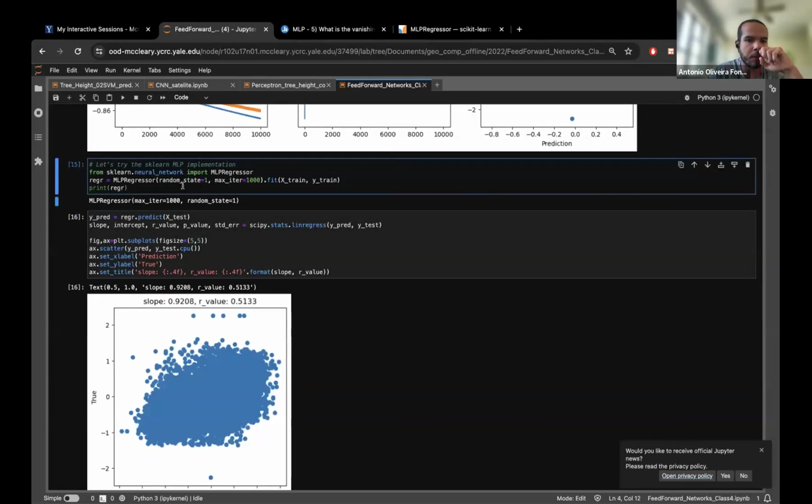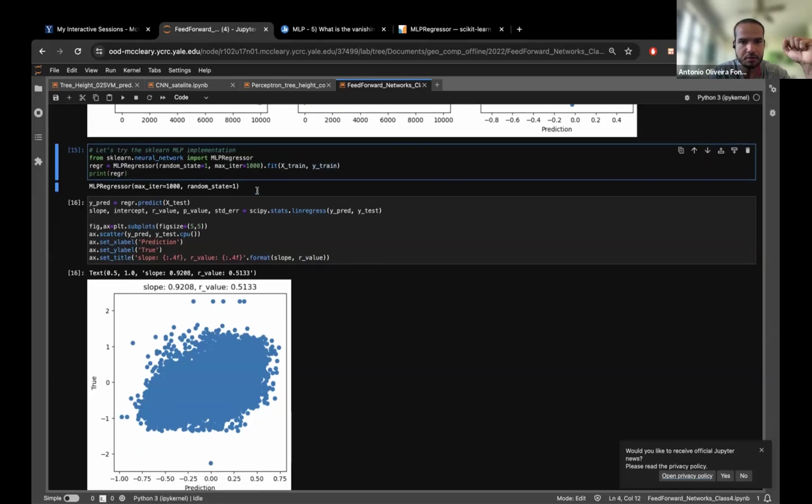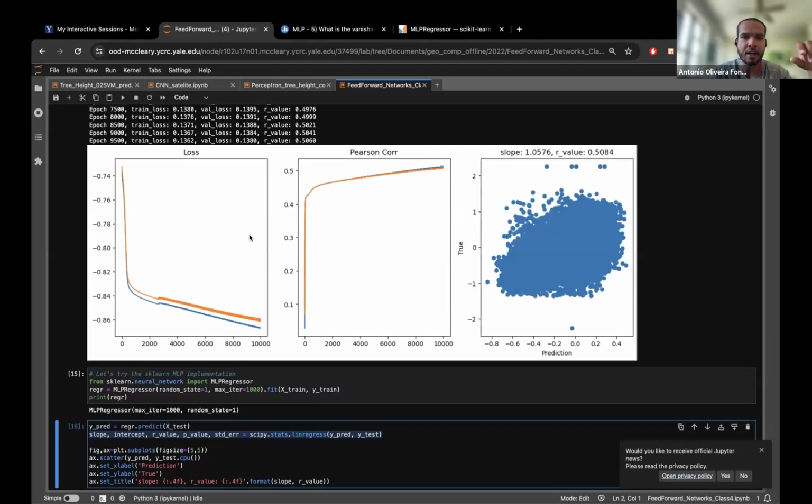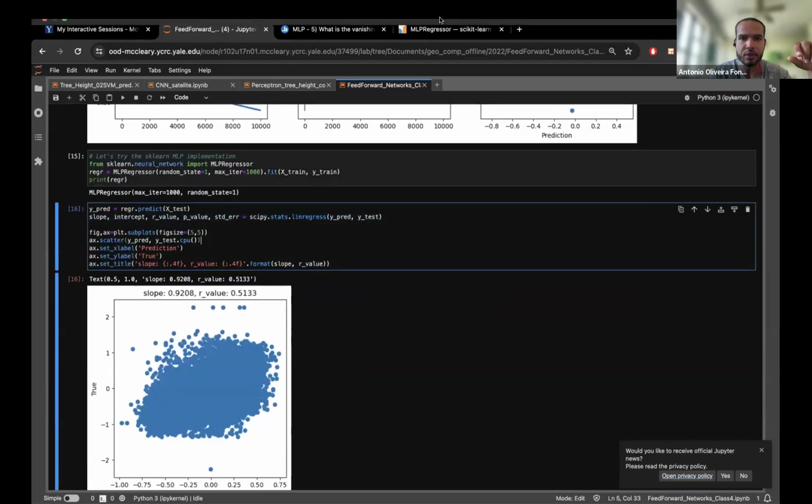The way I fit this regressor is the same way we did for SVM. I define an object that has these properties, and then I fit that to the training data that has some features and some target labels associated with it, right? After I have fit it, I can just run the prediction and obtain a plot that looks like this, which is good by all means, right? Although we haven't inspected the loss, you do have access to the loss as well.